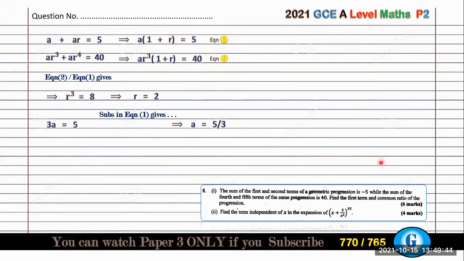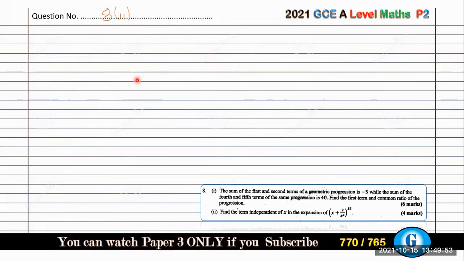Now the B part, and look at it, 6 marks. Find the term independent of x here. The general term is given by T(r+1) equals n combination r, a to the power n minus r, b to the power r.